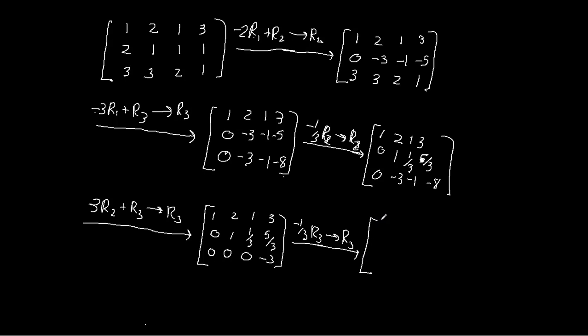So if we do that, we have 1, 2, 1, 3, because we're not messing with that row. We have a 0, a 1, a 1/3, and a 5/3. And then we have a 0, a 0, and a 0, because those don't change. Negative 3 times negative 1/3 is 1. So this is going to become 1.